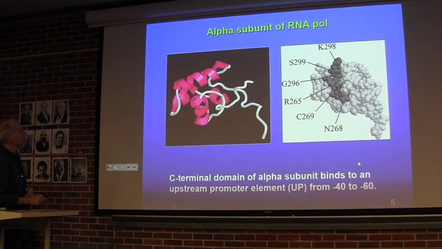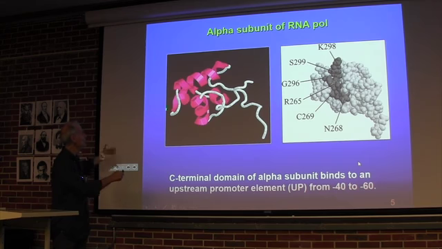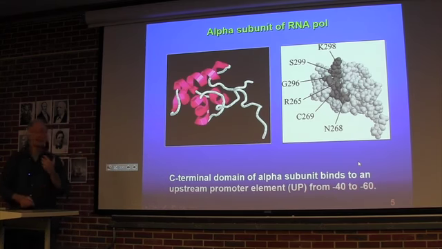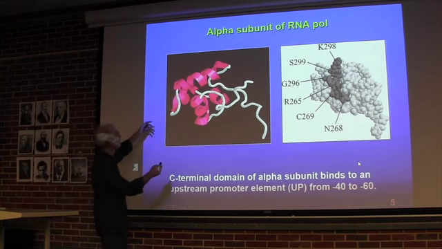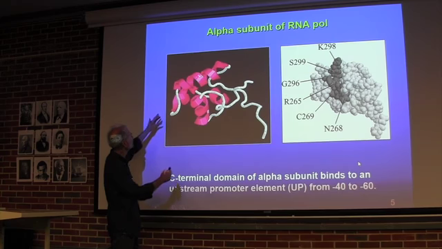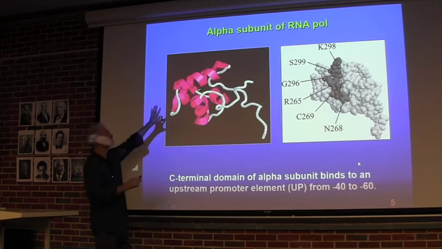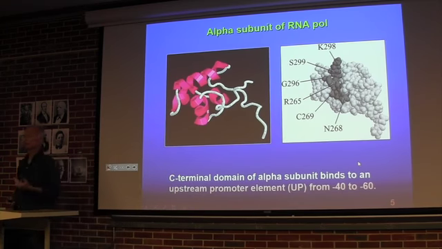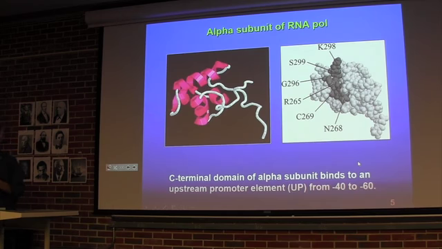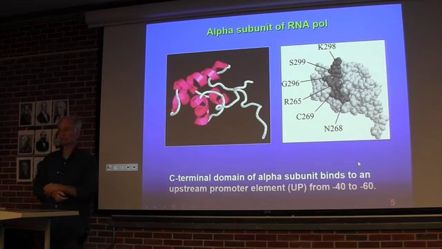What you'll see here is it has a series of helices and turns. This resembles, if you squint, a helix turn helix, which is just about the only way that bacterial proteins recognize DNA elements.